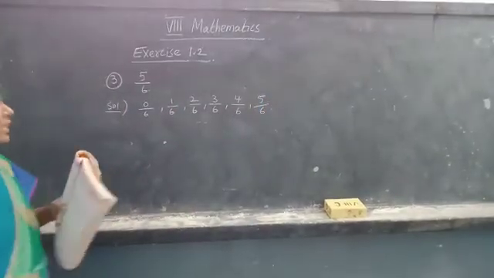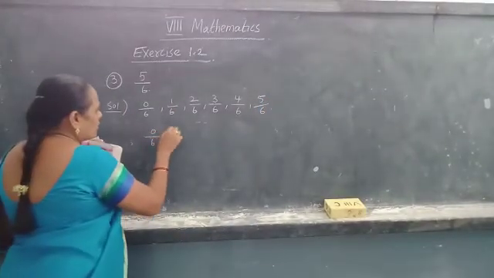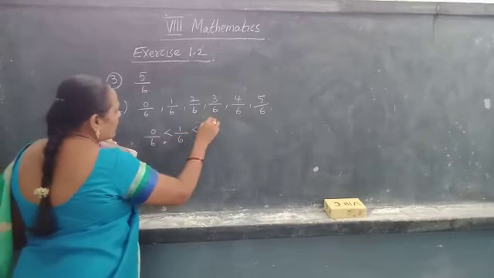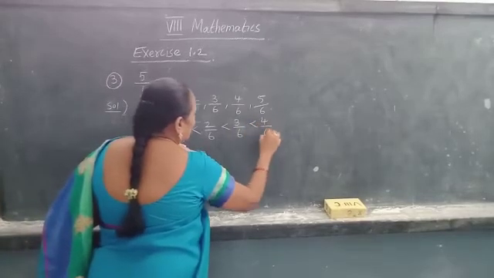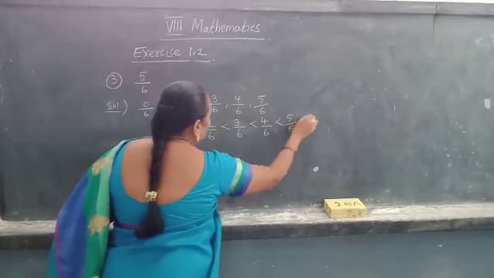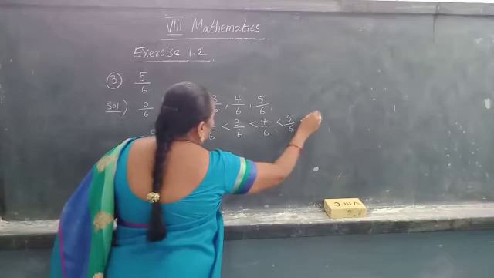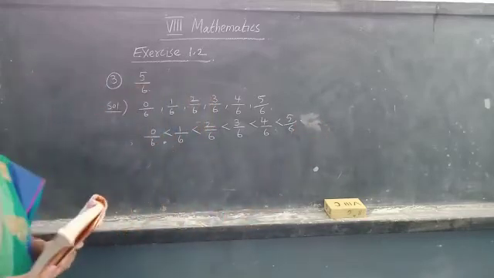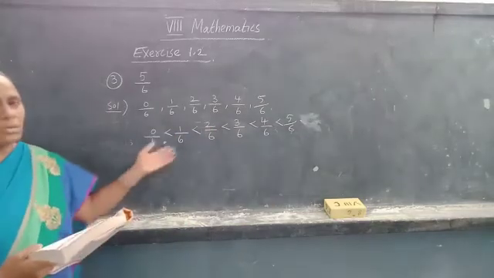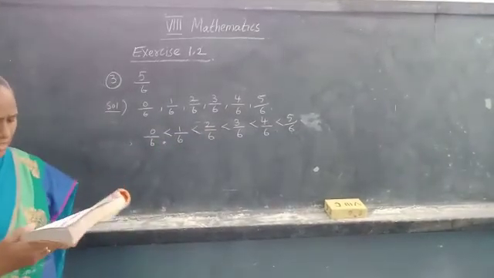So these are smaller, and you can write 0 by 6 less than 1 by 6 less than 2 by 6 less than 3 by 6 less than 4 by 6 less than 5 by 6 less than 6 by 6 also if you want. They asked only less than 5 by 6. So these are the rational numbers.